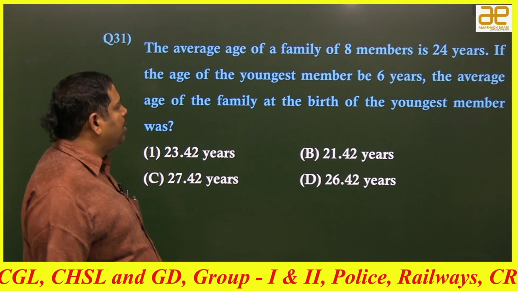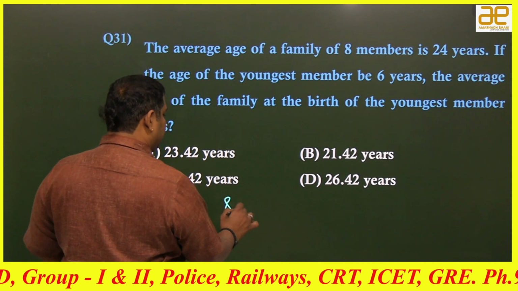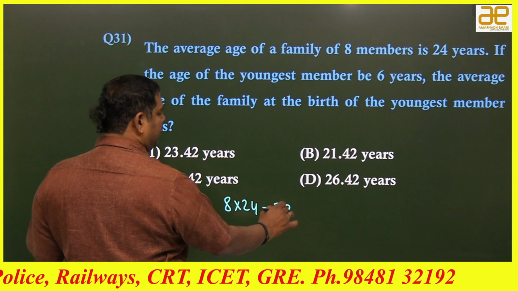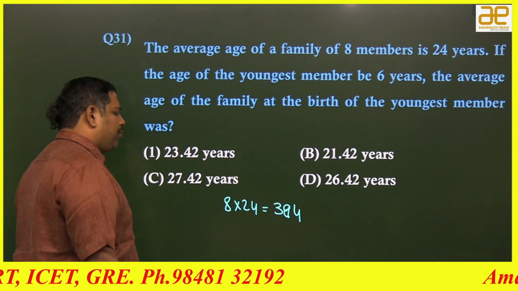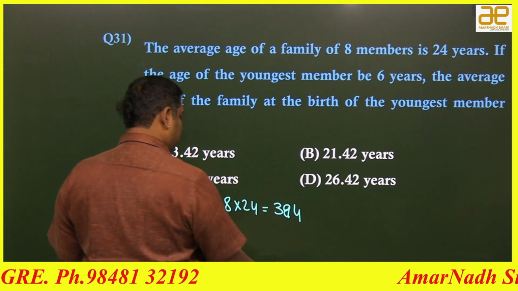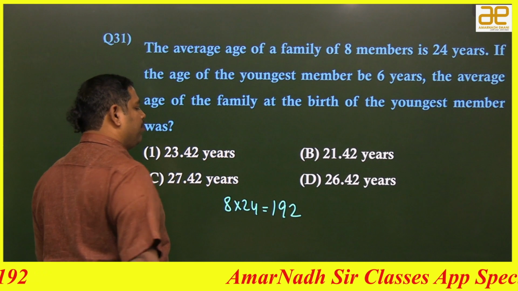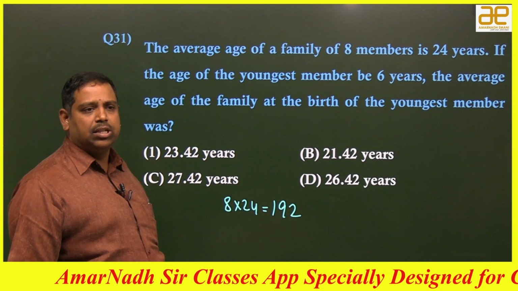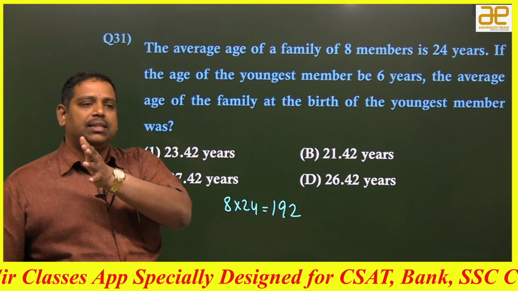Okay. So what happens here? 8 members are there, their average is 24, means 8 into 24 is the total, right? 24 8s are 192. Okay. So now, if the age of the youngest member is 6 years, at the time of his birth, how many years do I have to come back? 6 years.